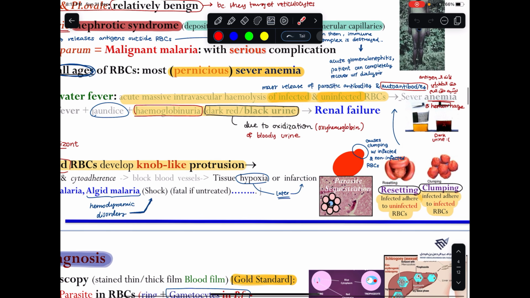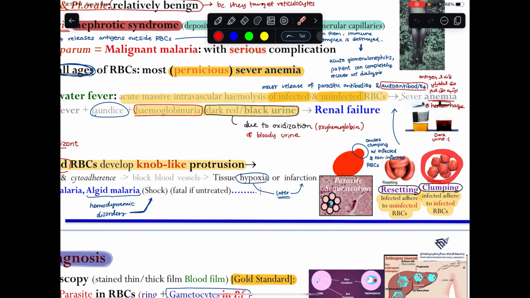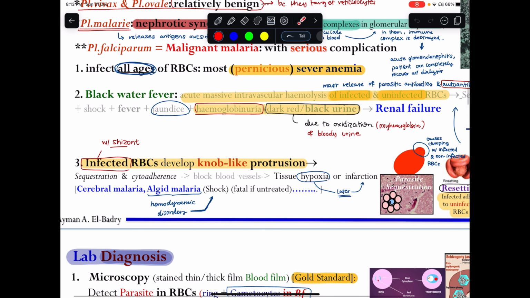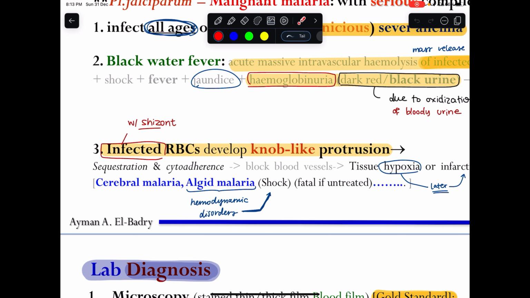Basically, they're like emboli, and they cause hypoxia or infarctions, and they cause both cerebral malaria and algid malaria, which are both about shock.